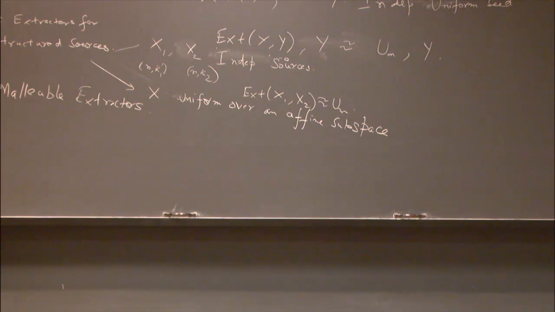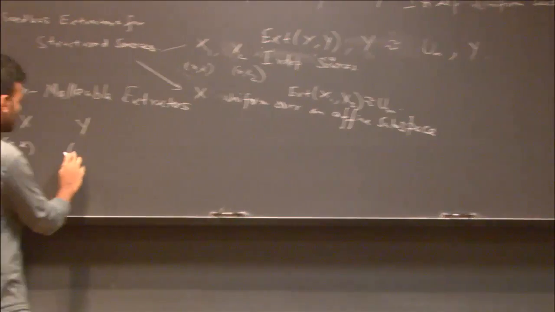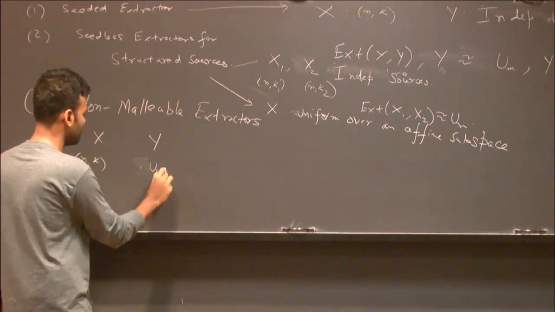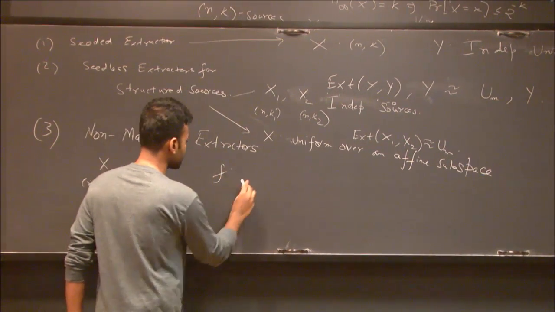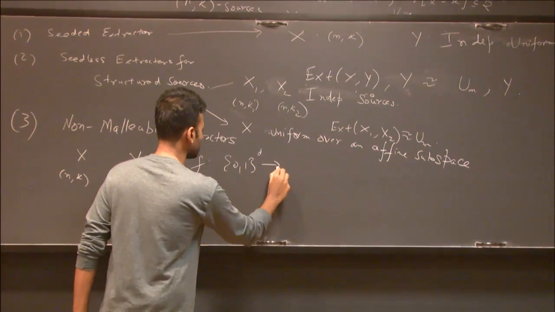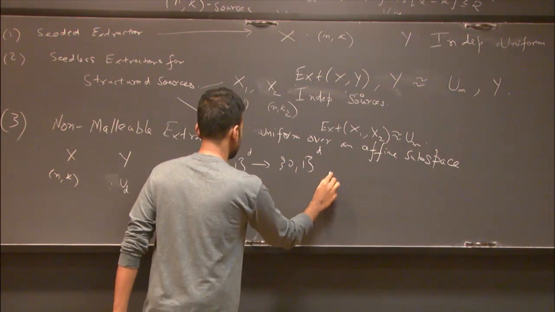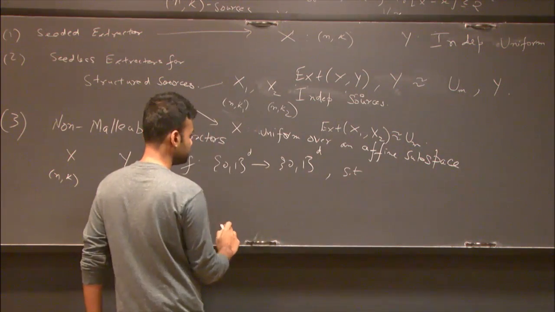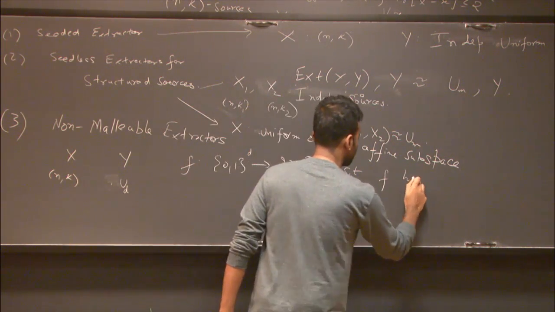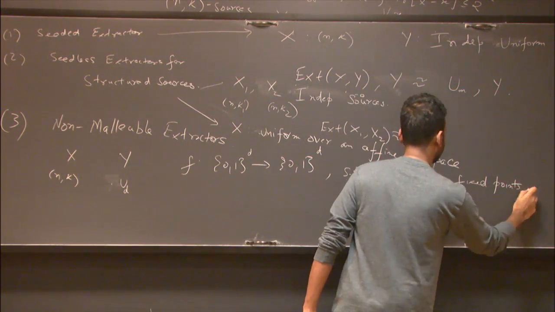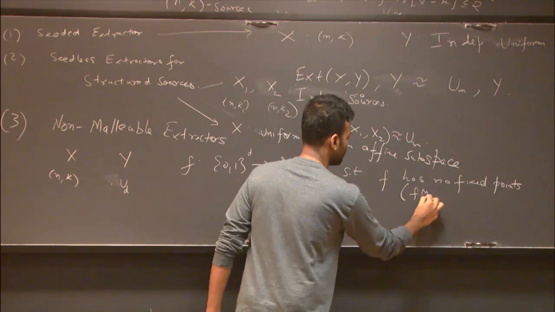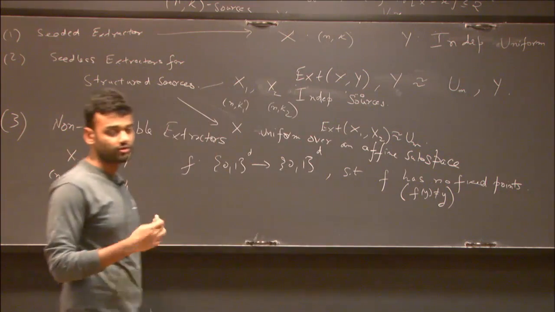So here similarly, you have a source X, which is n comma k, a short seed Y, which you would want to be short, and it's uniform on d bits. And now there is an adversarial function f from d bits to d bits such that f has no fixed points. So f of y is not y.